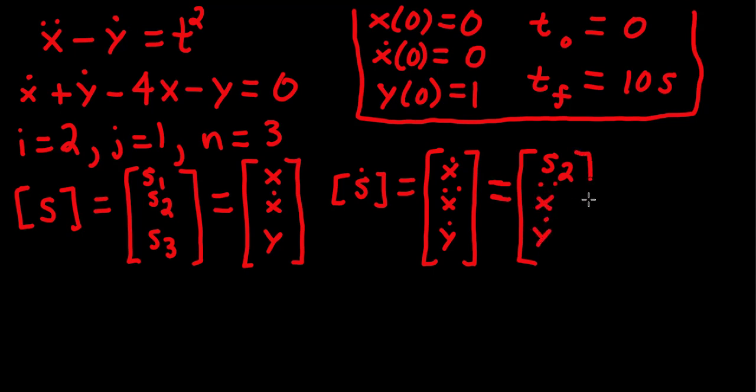Again, we have to get the highest order derivative in terms of the lower order terms, so we can express them as state variables. I'm going to work with this second equation first, because it'll give me y dot right off the bat. So y dot, looking here, is just going to be equal to negative x dot plus 4x plus y.